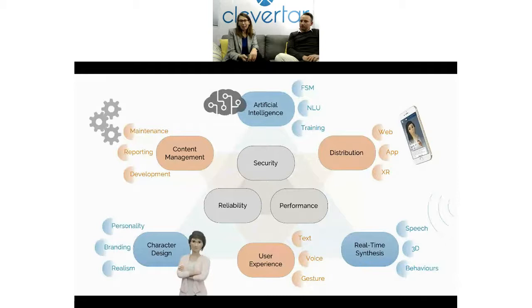Some of those things include real-time synthesis, so a voice that may be synthetic, or pre-recorded, which we call natural voice, a three-dimensional character, personality and branding of that character, and then, of course, the artificial intelligence elements, the natural language understanding and dialogue flow that we apply to deliver those conversations. That's what our platform does.